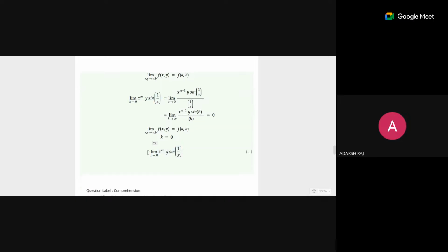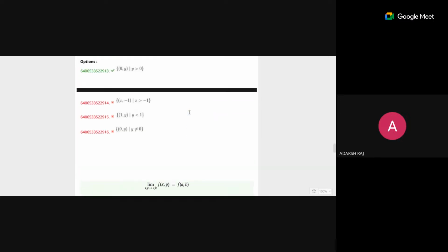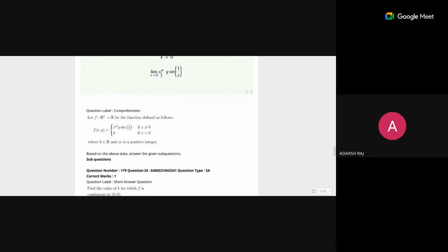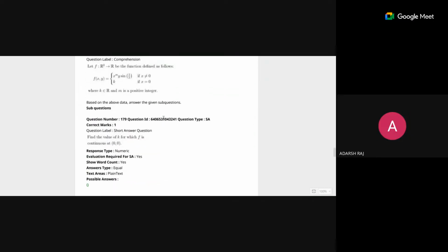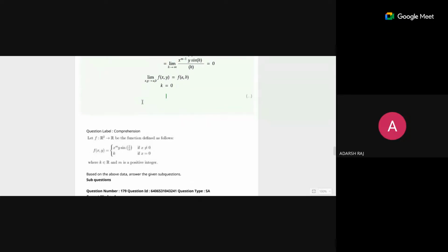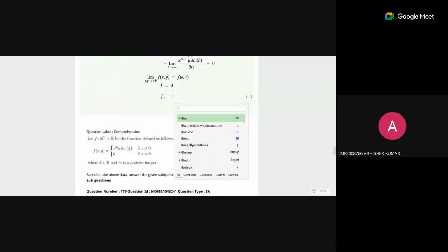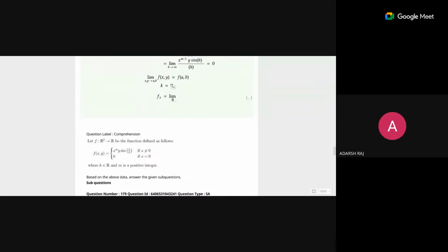So basically you have to find the minimum value of m here for which the partial derivative of this function exists. So tell me what is the partial derivative of this function at 0, 1. So just use the limit formula.